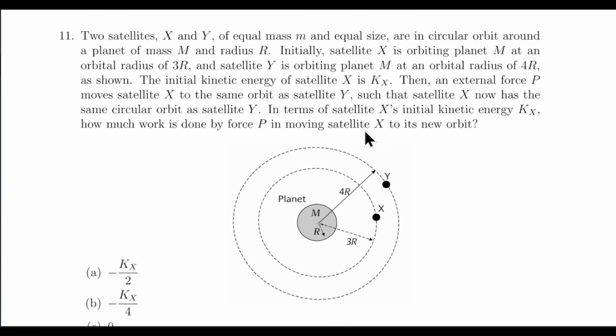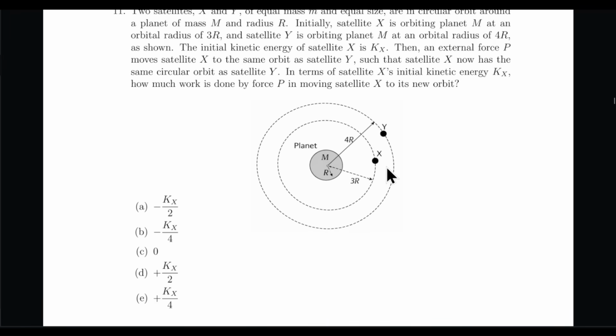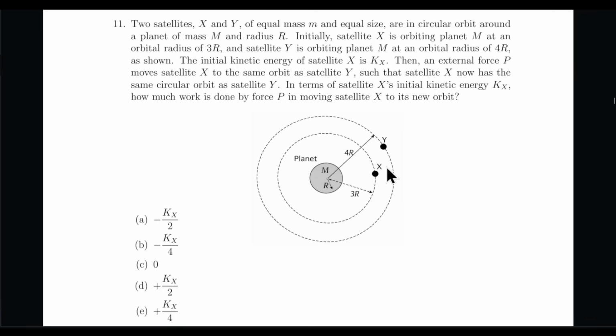All right. Here we are given two satellites X and Y of equal mass m and equal size, so their radius is the same, in circular orbit around a planet of mass M and radius r. Initially, X is orbiting M at an orbital radius 3r, and the other one is at 4r. The initial kinetic energy of X is Ka.